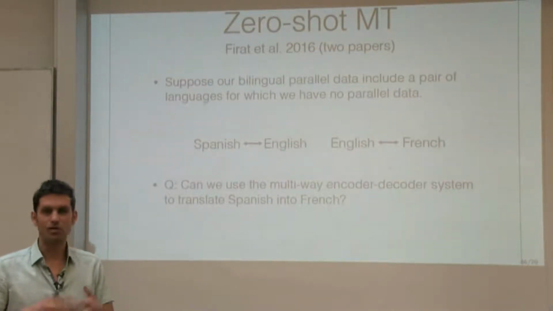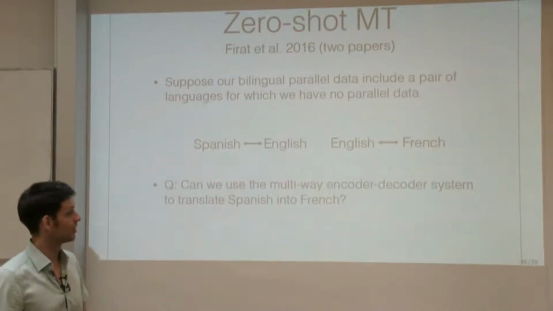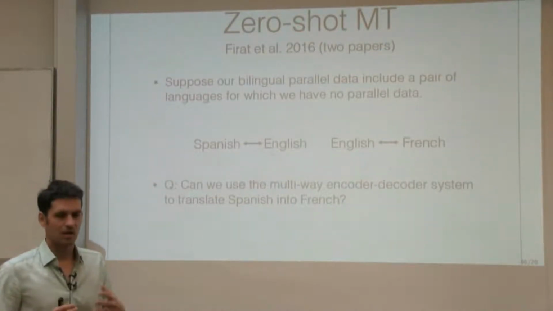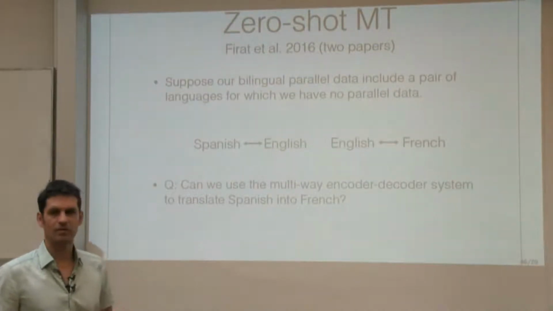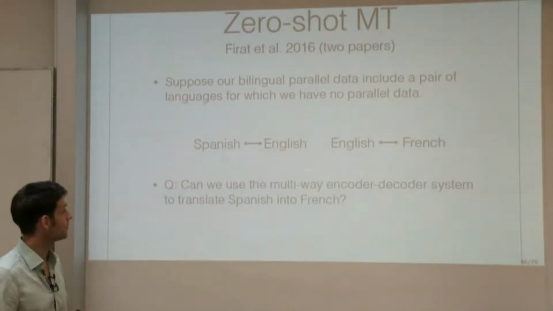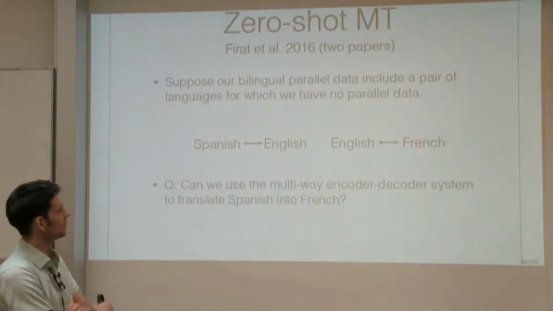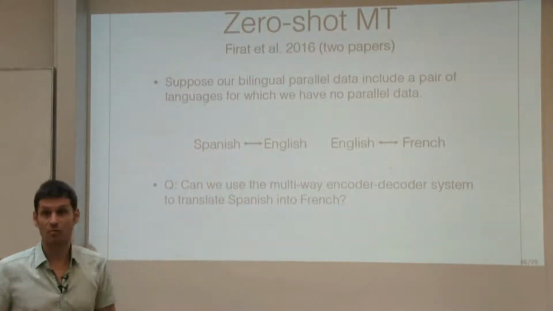You have to resolve the ambiguities when translating into English, and then you have to resolve the ambiguities again. So the pivot translation is kind of suboptimal, and also we have this idea of the multi-way encoder-decoder system that can know both pairs within one model.